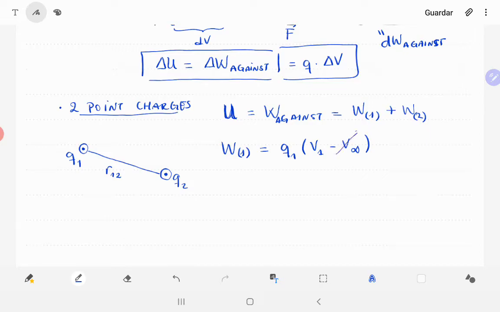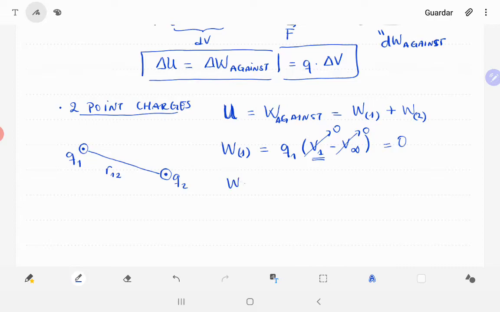So this potential is 0, because at infinity we're using the Coulomb potential. And this potential here at point 1 is also 0, because by the time we brought Q1, there was nothing at Q2. So the whole potential in the whole region was 0. So we didn't need to do any work against the field to bring the first charge.